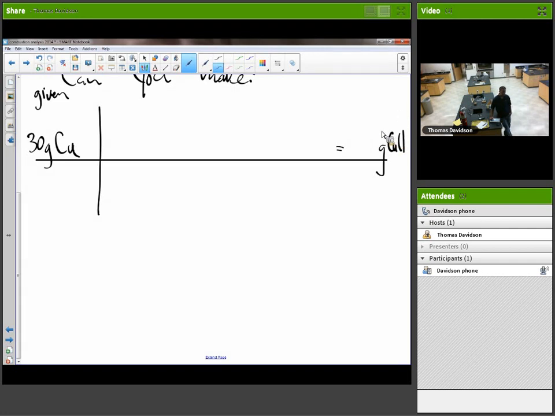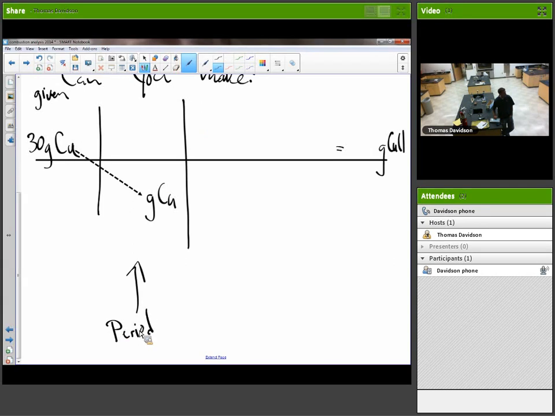Now, this whole concept is based on the fact that whatever's up here, the unit always goes right down there. So what unit is right here? Grams of Cu. So I'm going to put grams of Cu. Now, this whole thing right here, I find from the periodic table. So how many grams of Cu are there? That's the one we round to the middle.